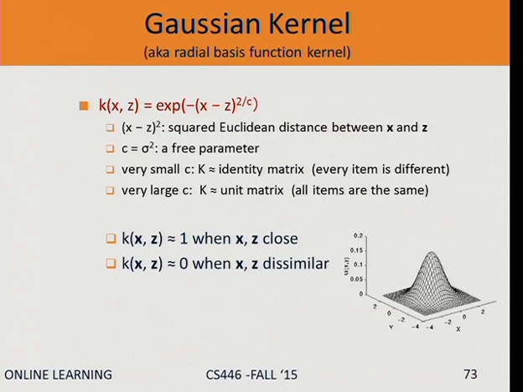K of x, z is e to the minus ||x - z|| to some power, 2 over c. So what does this mean? Essentially, we can always think about a kernel as a distance metric between x and z in some space. And here it's very easy for you to see. Let's just forget this c here. Let's think about it as 2 for a second and look at these two statements.